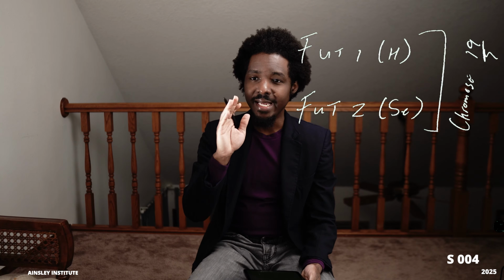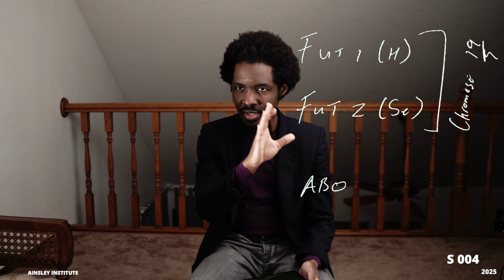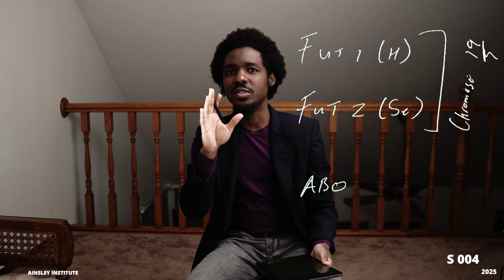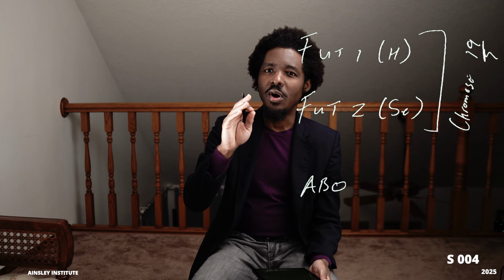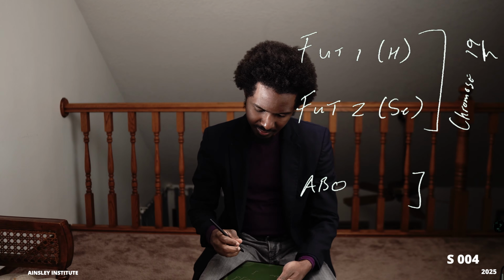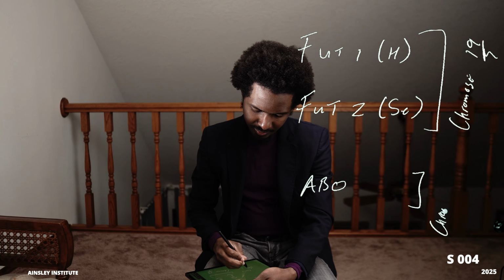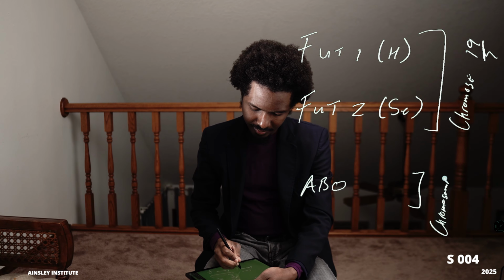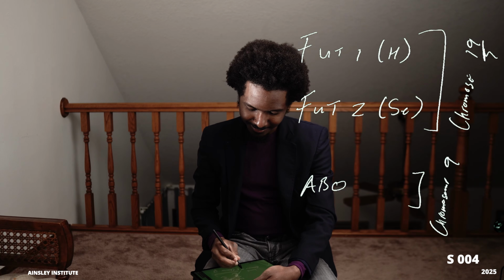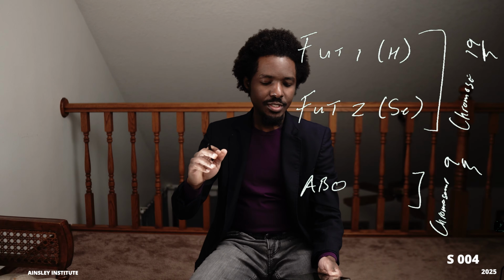In contrast to the ABO genes, so when we have the ABO genes, we discussed previously that this was located on chromosome 9. All right. So the H and Se are located on chromosome 19, while the ABO genes are located on chromosome 9.